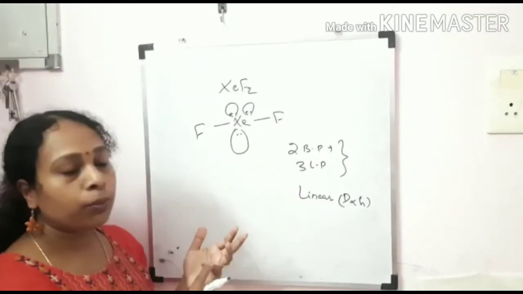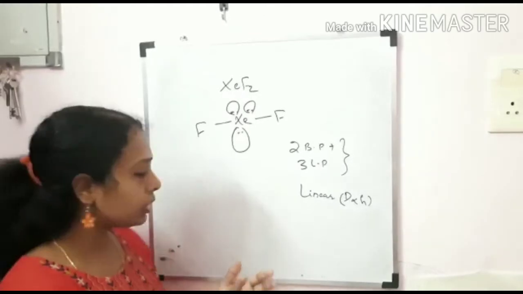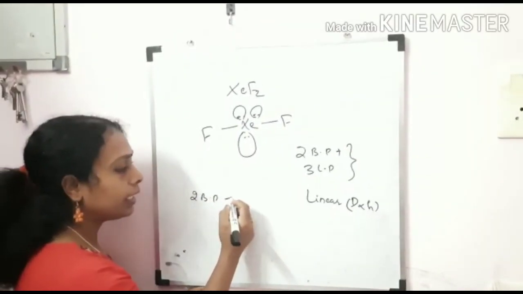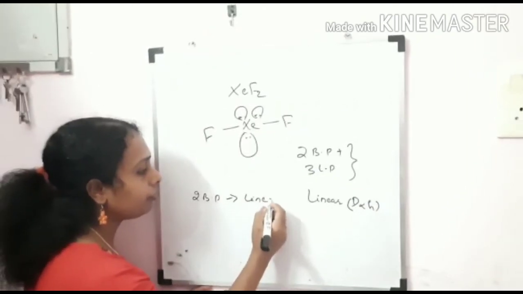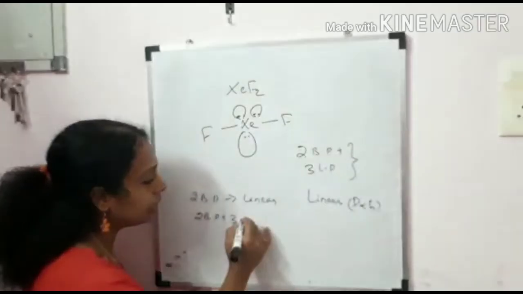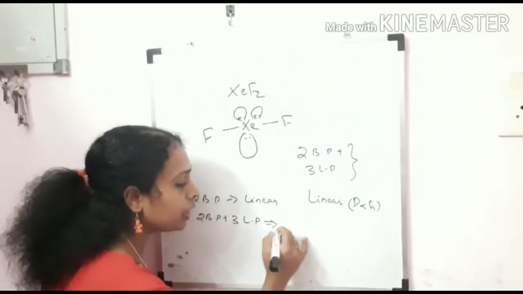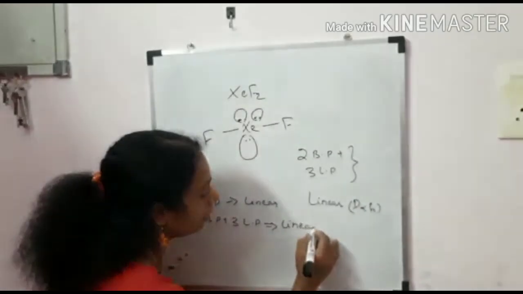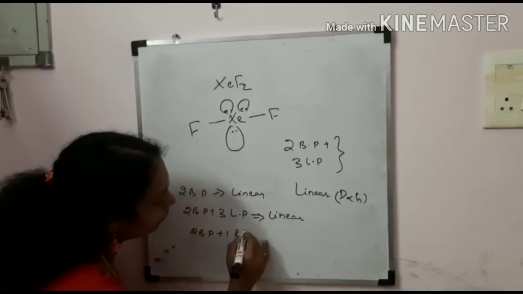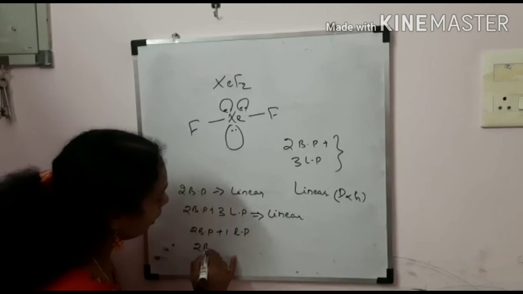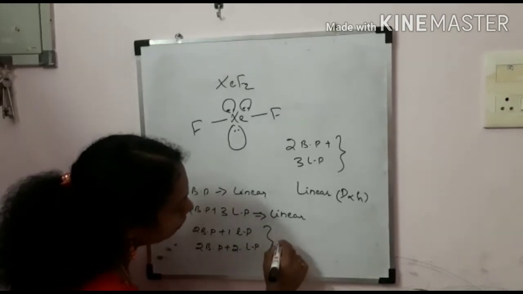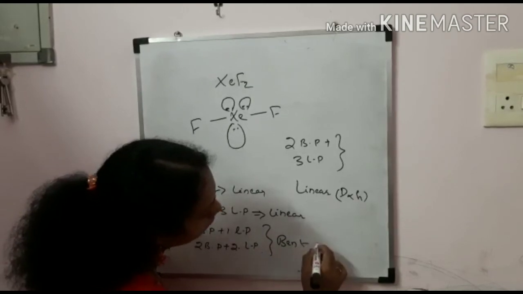Okay, so you know the bend shape conditions and the linear shape conditions. One more time I am writing: 2 bond pairs alone present, it will be linear. 2 bond pairs plus 3 lone pairs, again the shape will be linear. 2 bond pairs plus 1 lone pair, or 2 bond pairs plus 2 lone pairs, the condition will be bend shape.